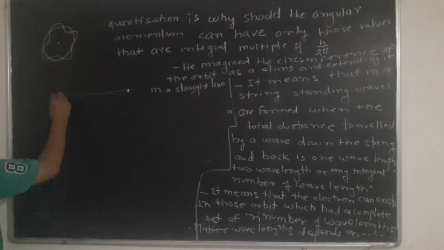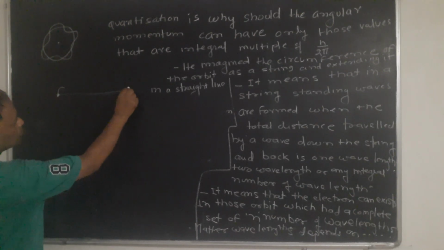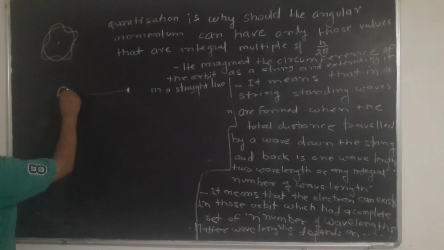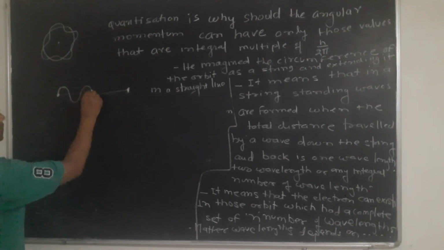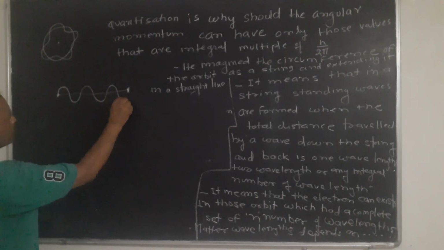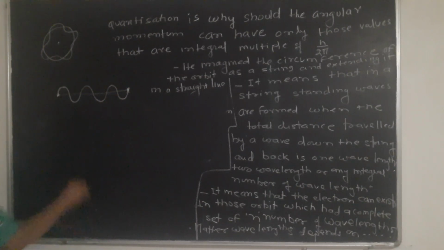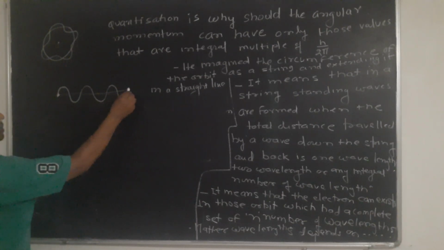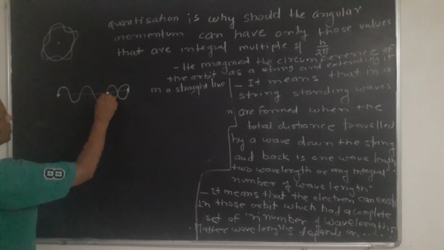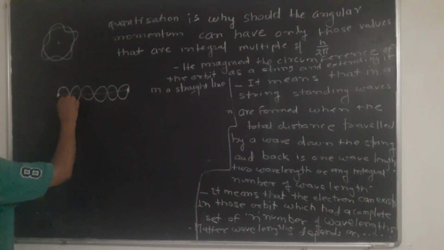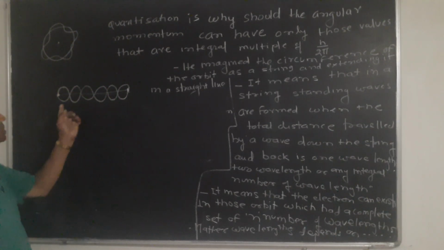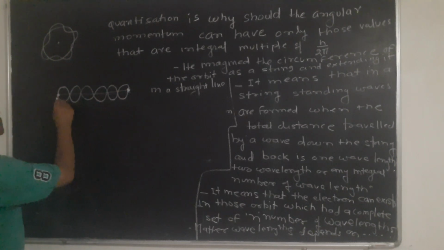This is the string fixed at both ends, and this is the wave. Only this wave will survive, and these are called the nodes.